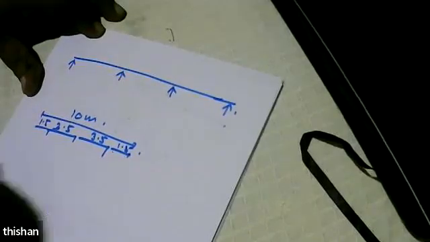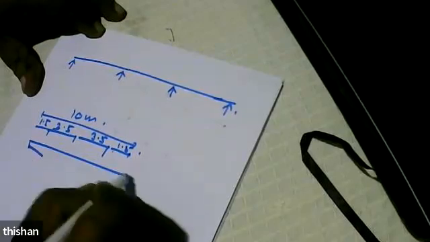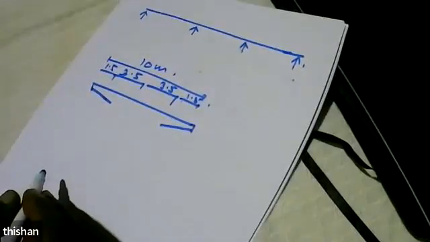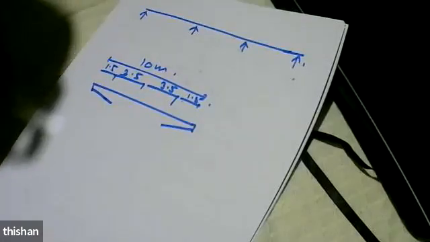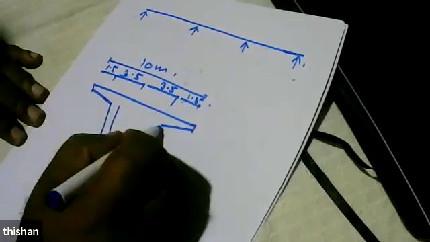So I need 10 meters. Then we can have overhangs. Then we need a web. Why? Because this is long, we'll have to carry shear. So we need a web.